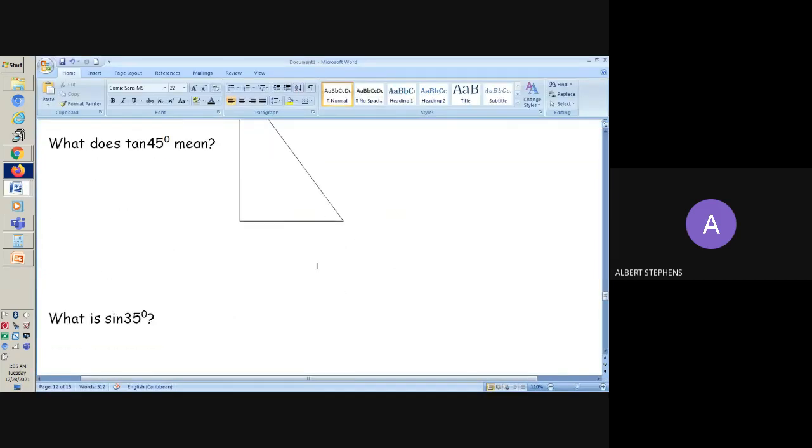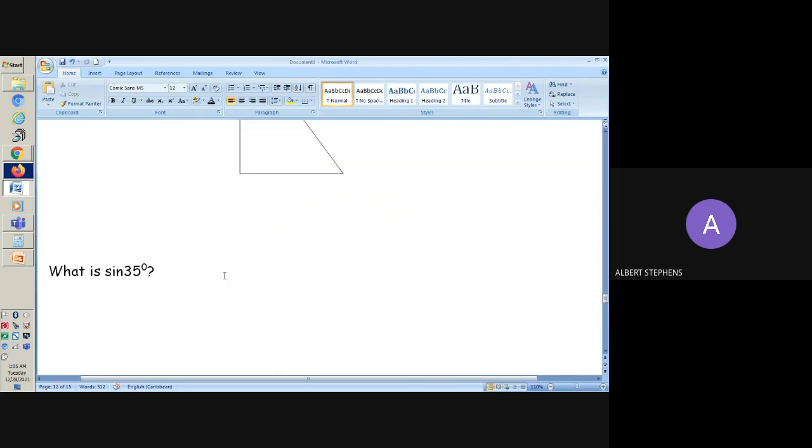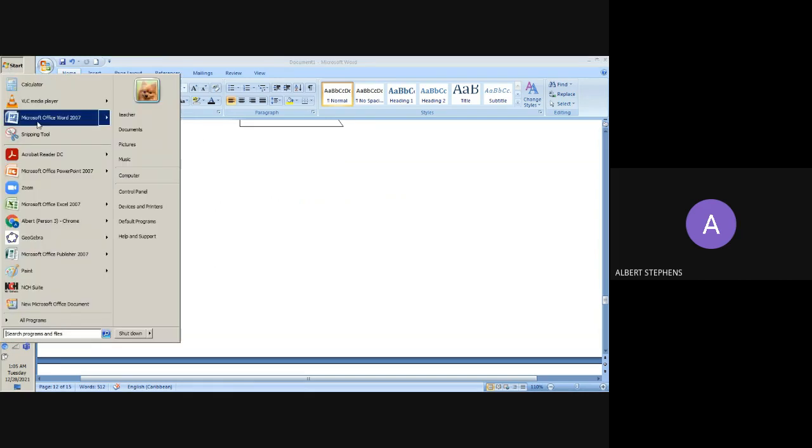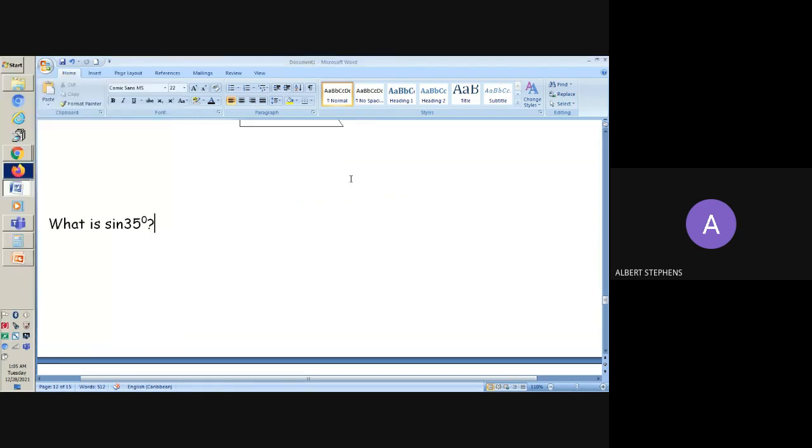Now, how do we work out sine 35? Well, sine 35 has the same meaning, like sine is opposite over hypotenuse. However, you won't get a whole number. So therefore, we have to use our scientific calculator.